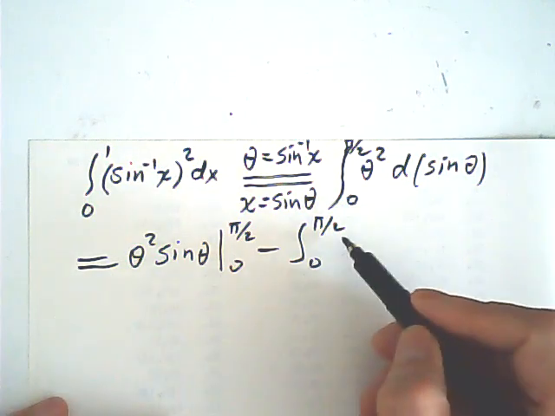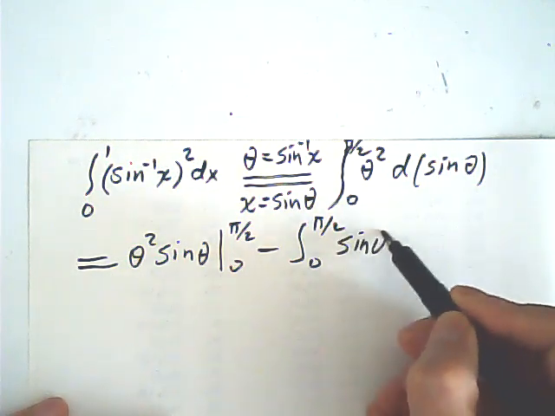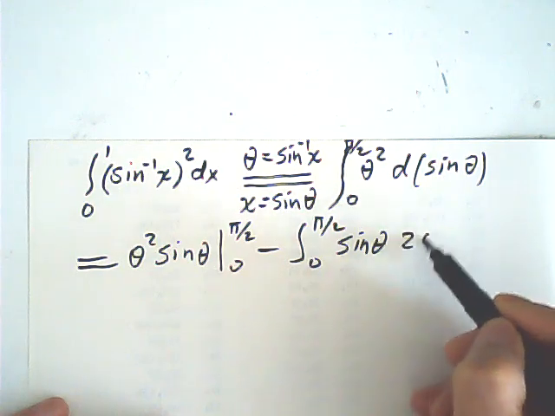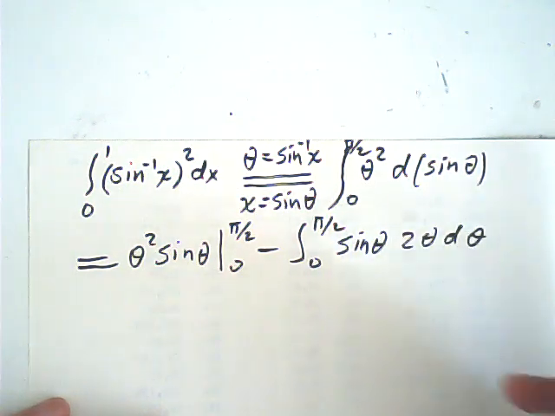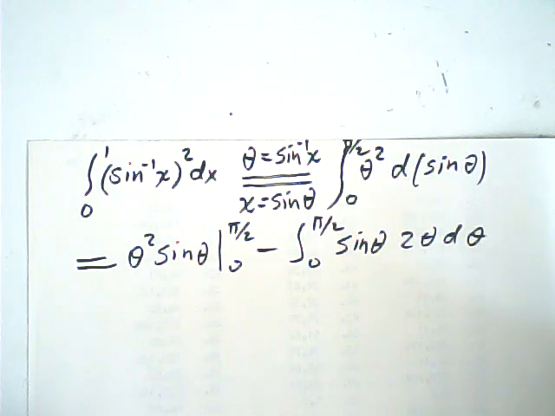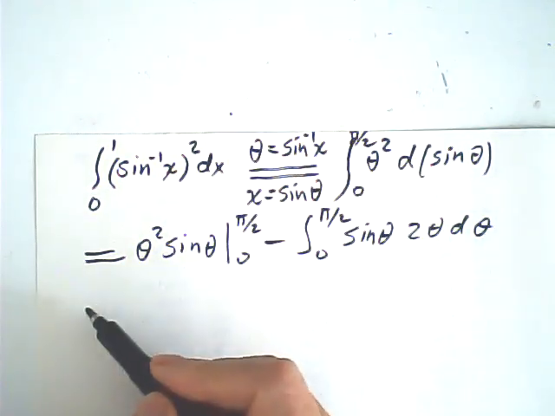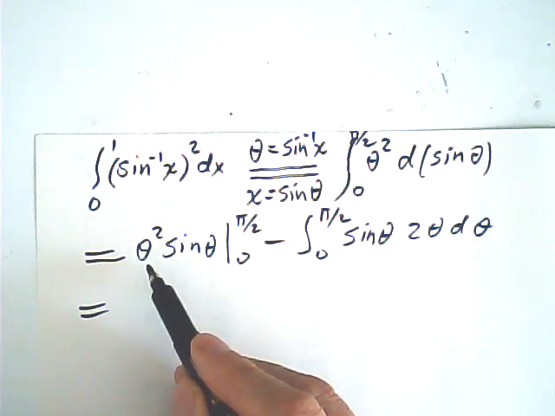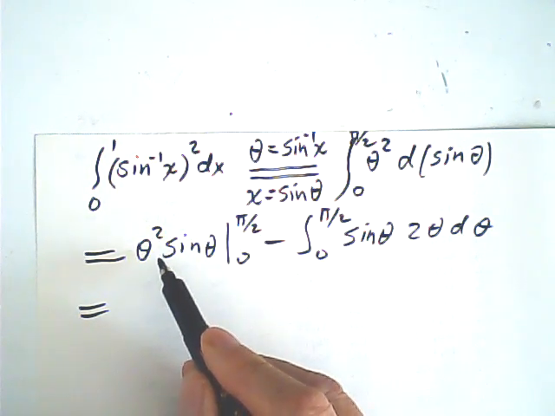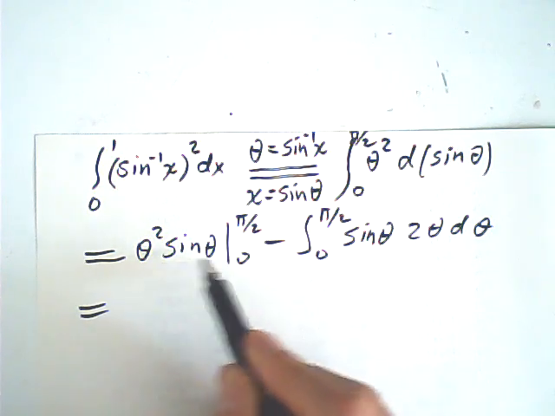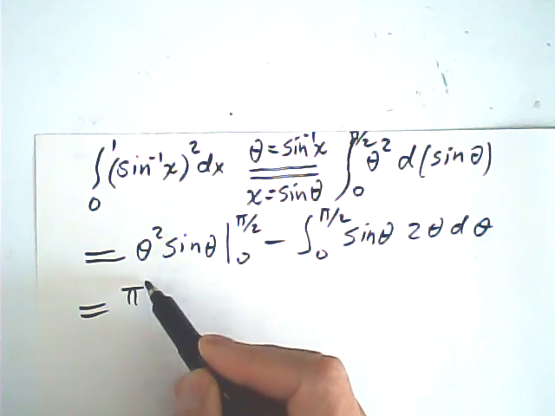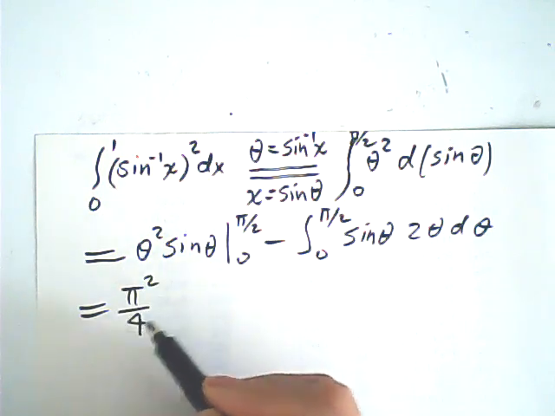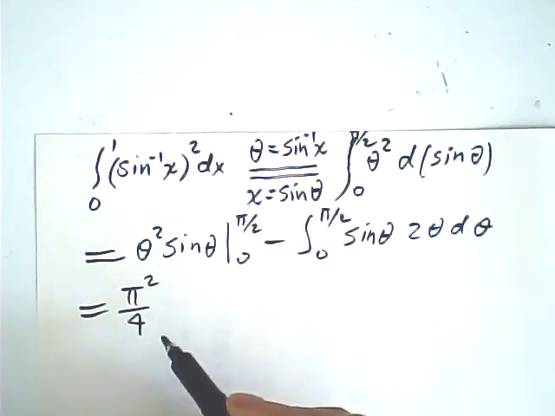V is sine theta. Du is 2 theta d theta. Okay. So this one is equal to, when theta is half pi, there's a square, pi squared over 4. Sine is 1. So this is pi squared over 4 minus 0.